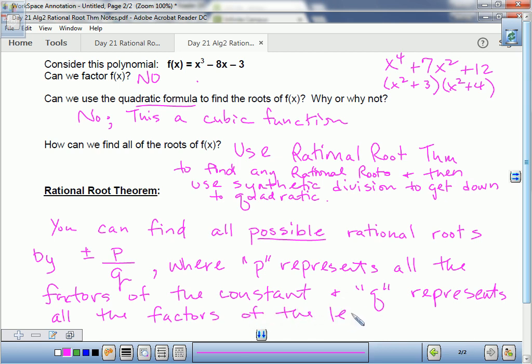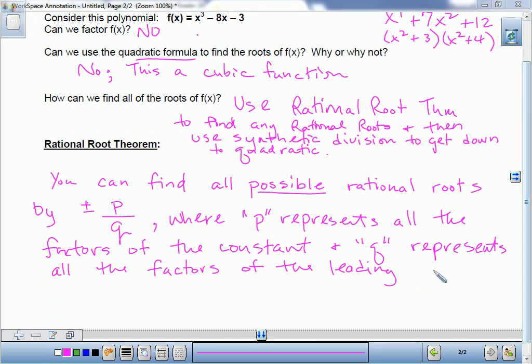And of course, this is when it's written in standard form. Standard form means we start with the largest exponent and work our way down.